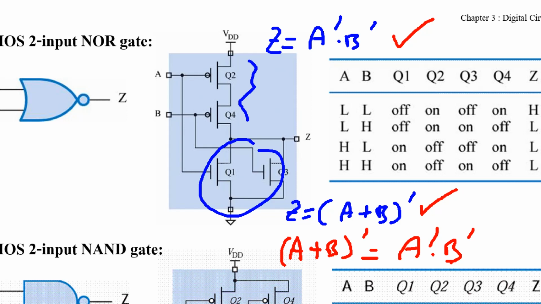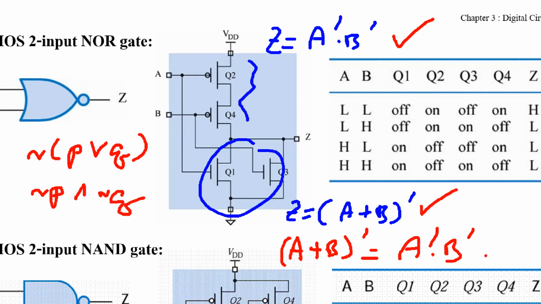Actually, in high school, you see something like this: not (P or Q). Maybe your high school used this one. Not (P or Q) equals not P and not Q. Same thing.